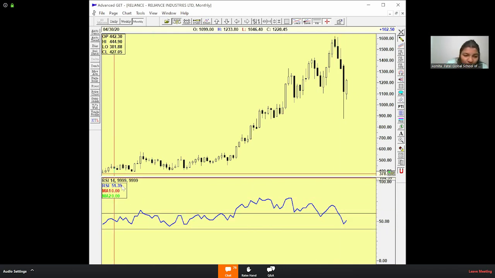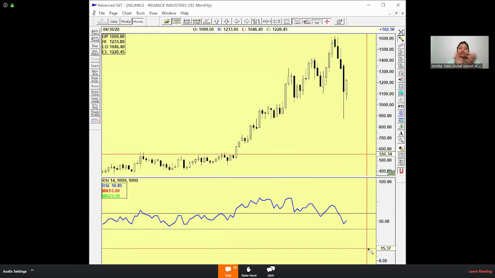First, daily will start going up. Once daily remains in an uptrend for few weeks, then your weekly time frame will start getting into an uptrend.